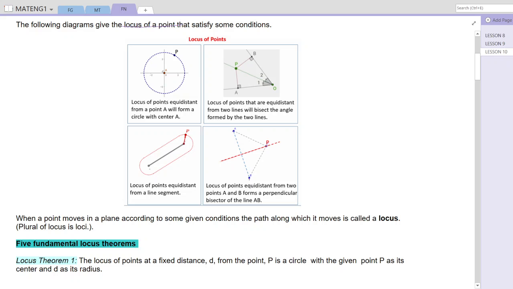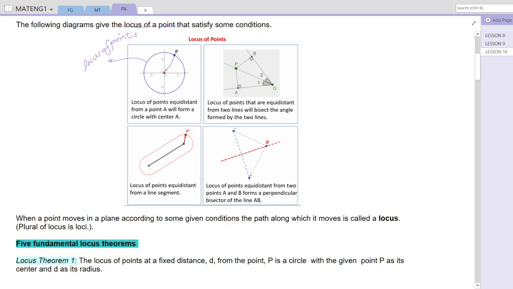If that is the point at the origin, these points are at a distance from P. Those are the set of points, so this will be the locus of points.